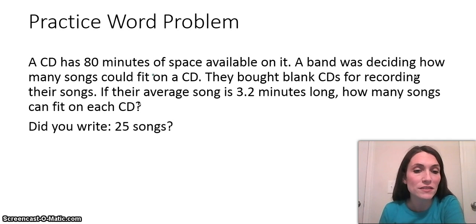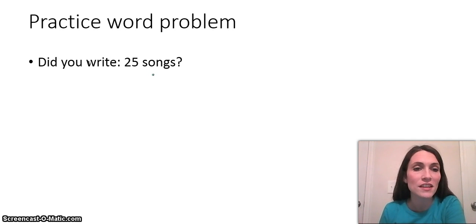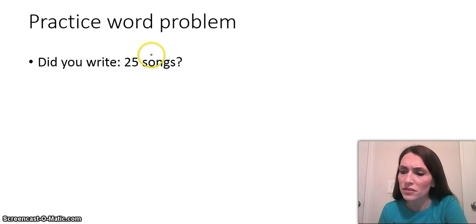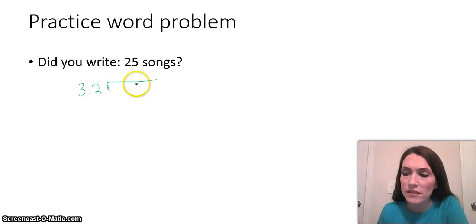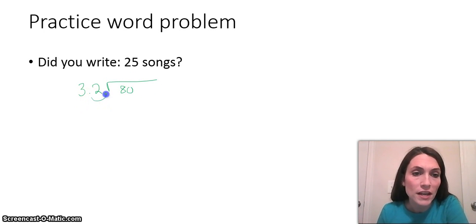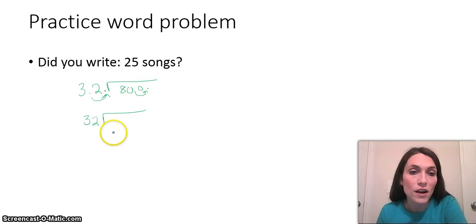Did you write 25 songs? Let's take a look at that. So we had 3 2/10 was how long each song was, and the amount of space that we had was 80. So we're going to have to move that over 1 place to make this 32. And then we're going to have to move our decimal point over 1 place to make our 80 into 800.